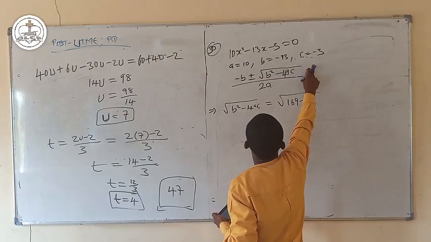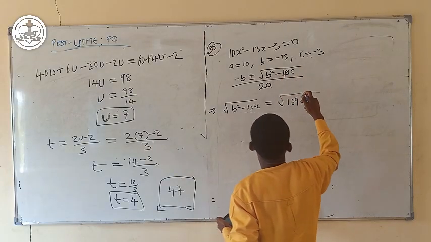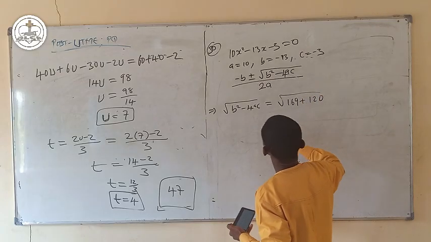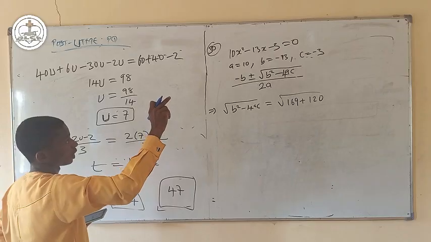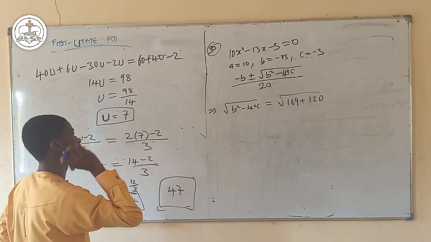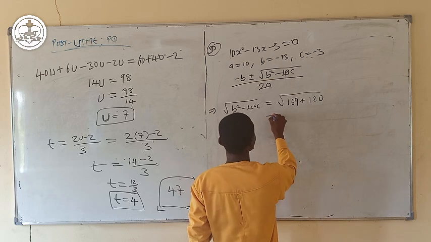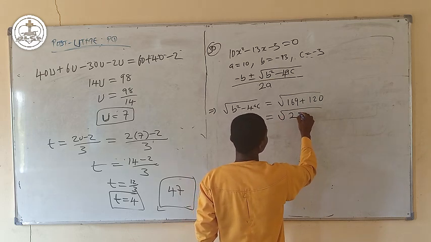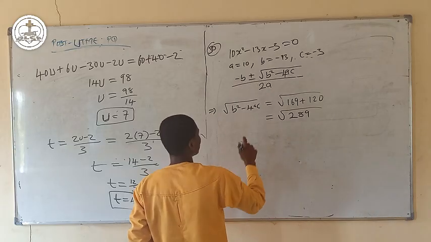AC is 10 times minus 3, that's minus 30, times 4, that's plus 120. So this is going to be the root of 289. That's our discriminant.